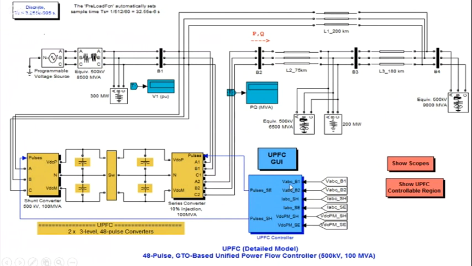For this controller, the inputs are the voltages wherever the UPFC is connected. So this is the series connected voltage source converter, so there are two voltages. Then the currents flowing: one is the series current, and the other is the current flowing through the shunt converter.